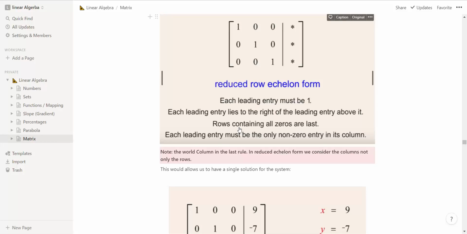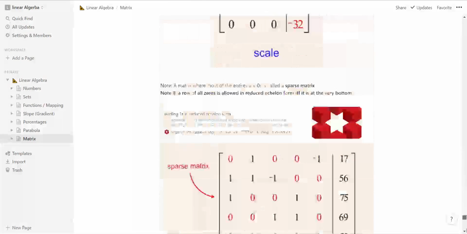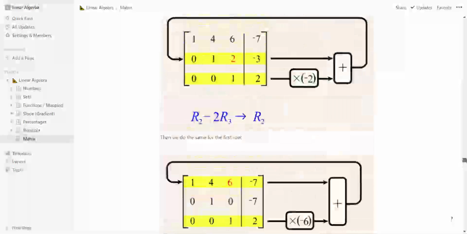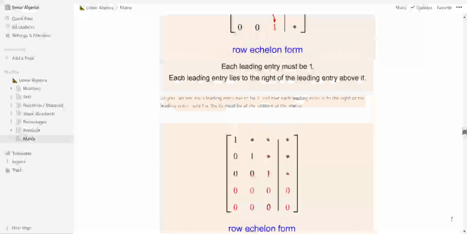Its leading entry is to the right of the leading entry above it. Rows containing all zeros are last. Its leading entry must be a non-zero entry. But we do that in a separate video.